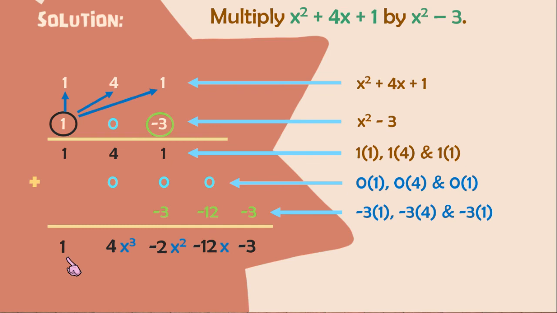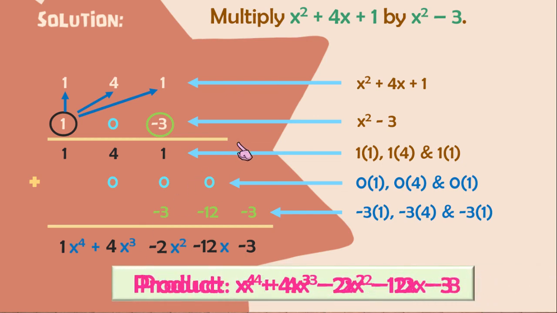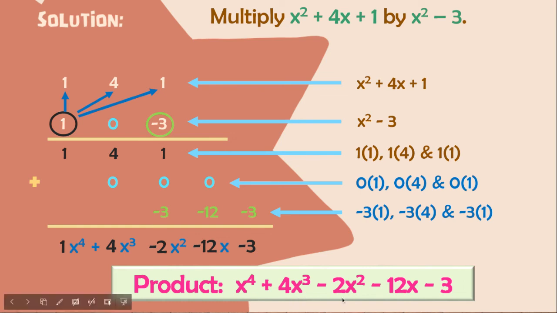This term for x cubed is positive, so we can add the plus sign here. And 1 is the coefficient of the x to the fourth term. And so therefore, the product is x to the fourth plus 4x cubed minus 2x squared minus 12x minus 3.